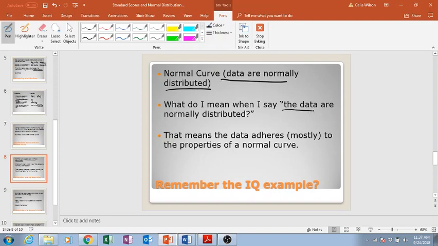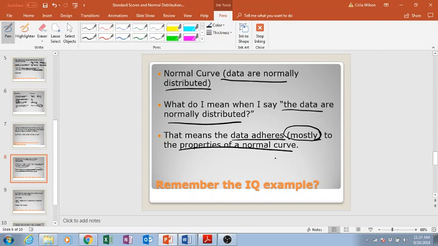So when I say a normal curve, I'm saying the same thing as the data are normally distributed. And again, that is going to become really critical because a lot of what we do in statistics, especially when we get into our different analyses, depends on the fact that our data are normally distributed. So what do I mean when I say the data are normally distributed? It means that the data adheres mostly to the properties of a normal curve. Now, we're going to go through in a second what those properties are, but I give this little note here that says mostly, because when we get into inferential statistics, we're going to give ourselves a little bit of flexibility when we're looking at our data sets.